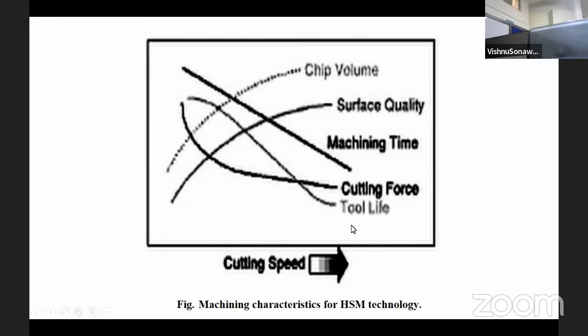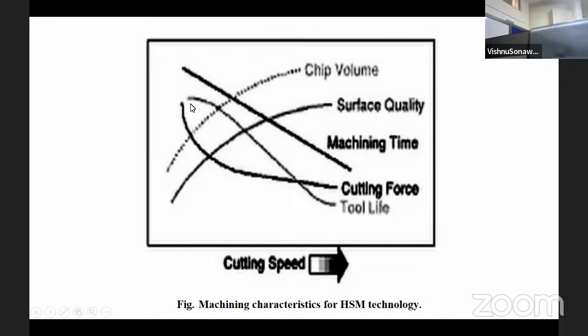But in the case of cutting tool life, we are using high speed steel tool material, tungsten carbide tool materials, polycrystalline diamond cutting tool material, or diamond cutting material. Initially, when we are manufacturing, the cutting speed is less and the tool life is more for the less cutting speed, isn't it?